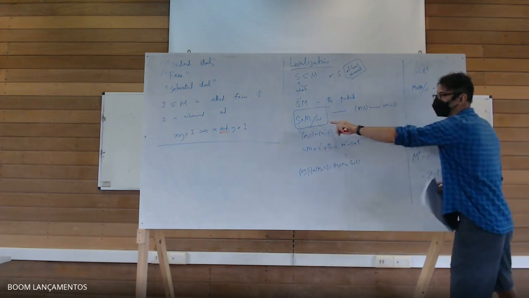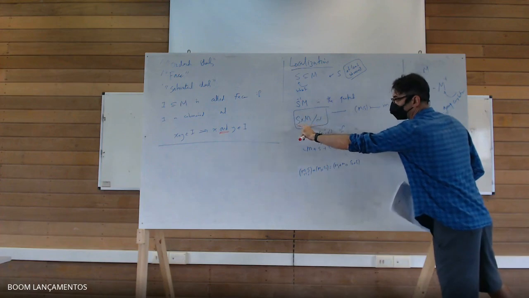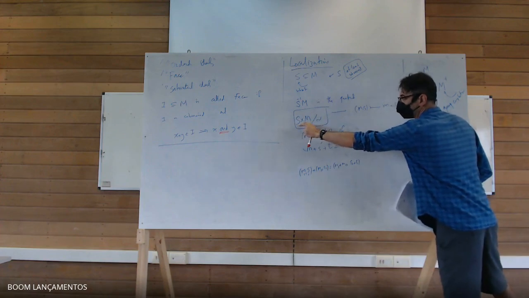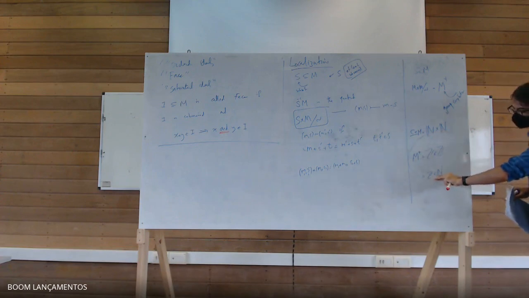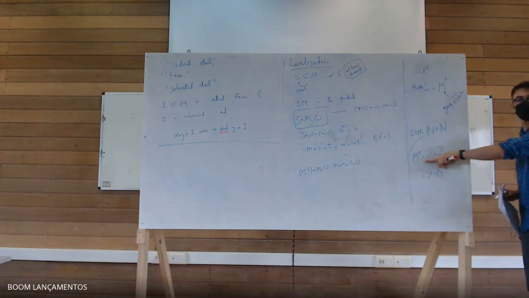If you allow yourself to not take the whole thing, but just bits and pieces of the monoid, then you can go from here to here, and then maybe one more step and you get the whole group completion.